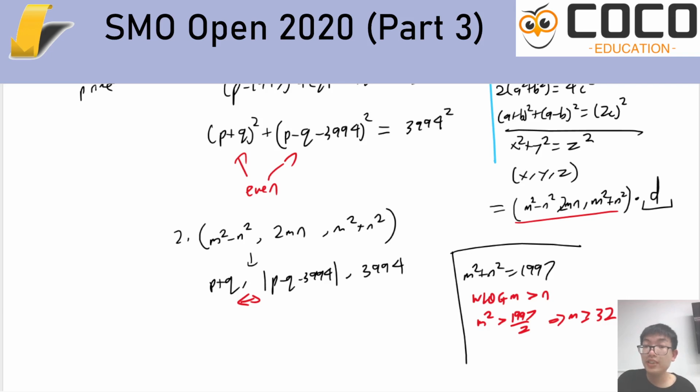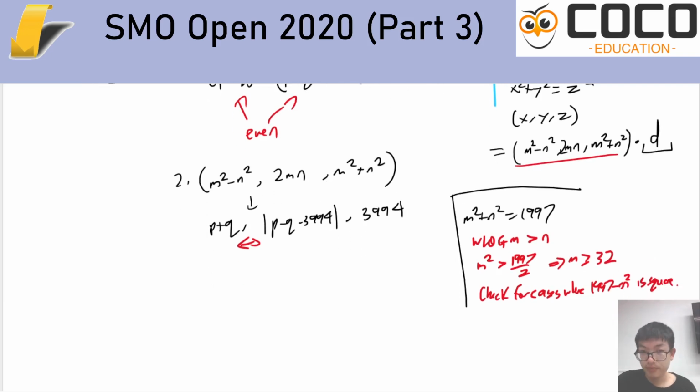So it is feasible to actually just subtract off some squares from 1997 until n squared is, well, a square. I'm fast forwarding that process to say that this is going to give you m is equal to 34 and n equals 29 is the only pair.